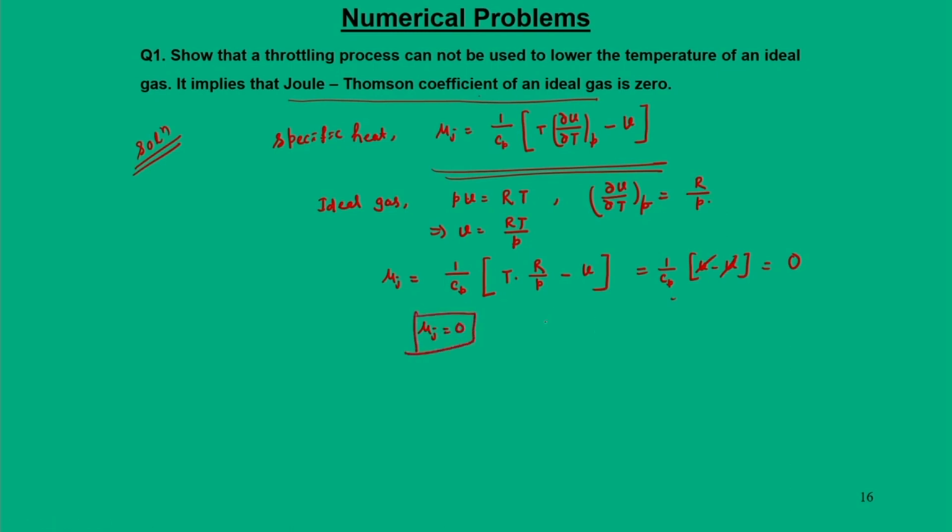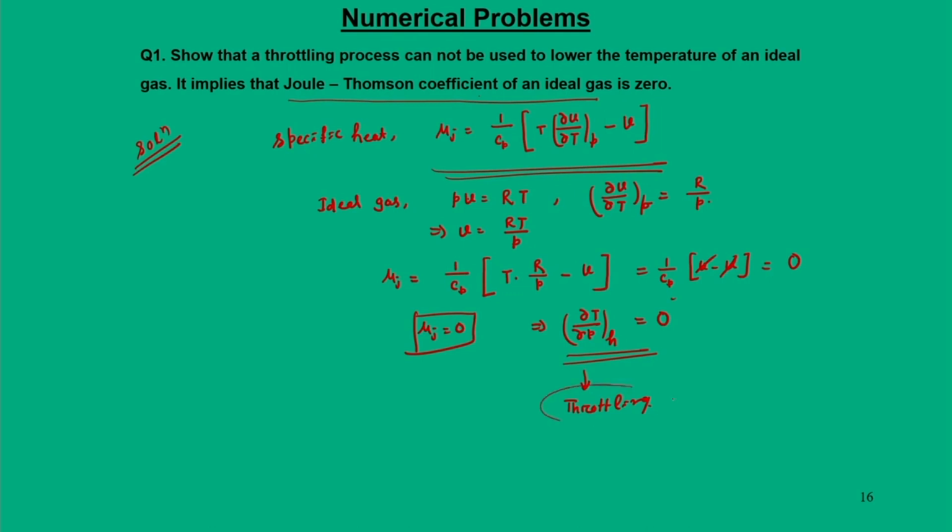This mu J, which means dT by dP at constant enthalpy, is 0. This is what we are going to achieve through throttling, and throttling happens at constant enthalpy. What happens if you drop the temperature?